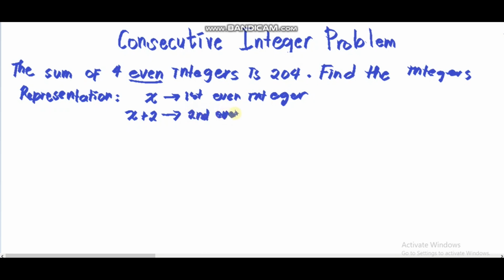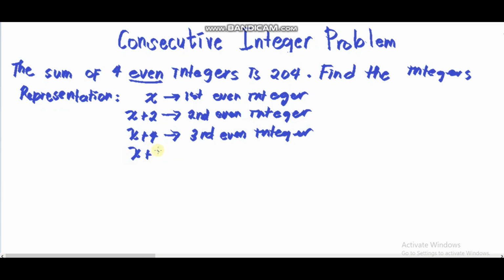Second even integer. Our third is x plus 4, even integer. And you have x plus 6, that is our fourth even integer.